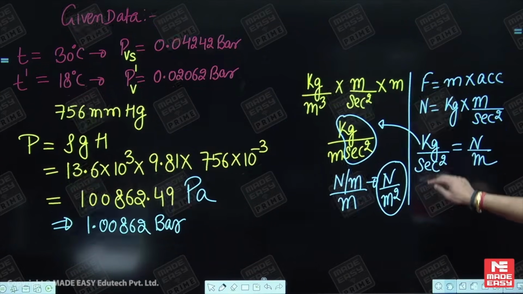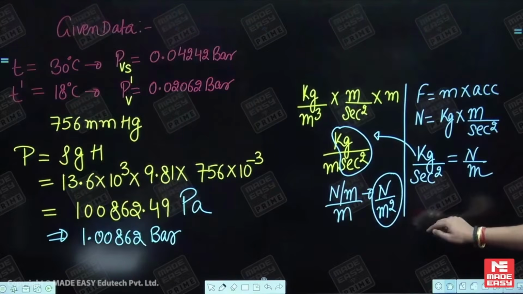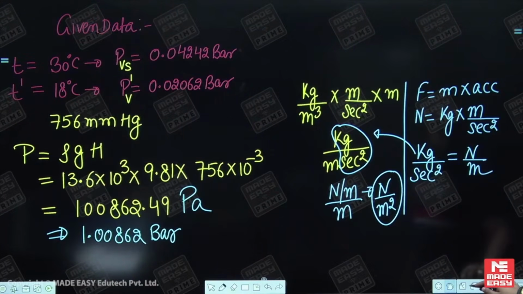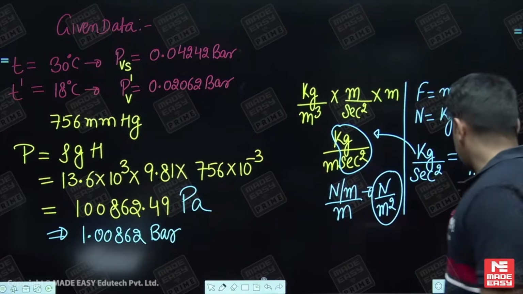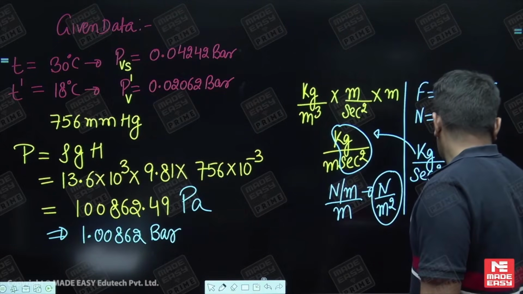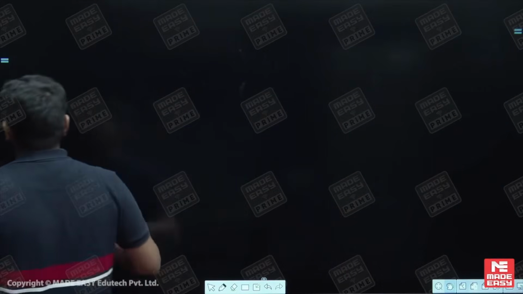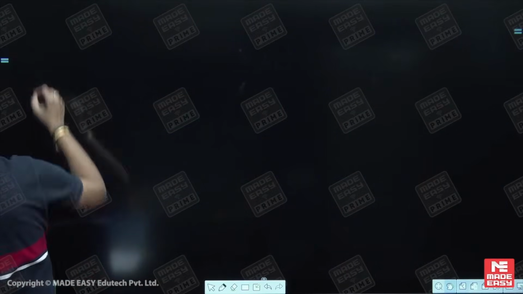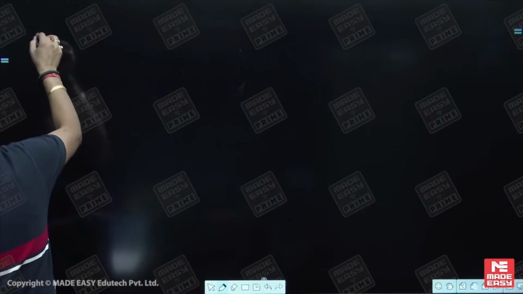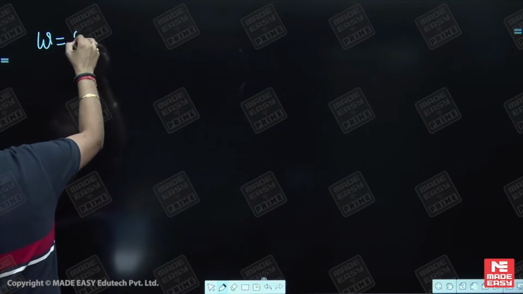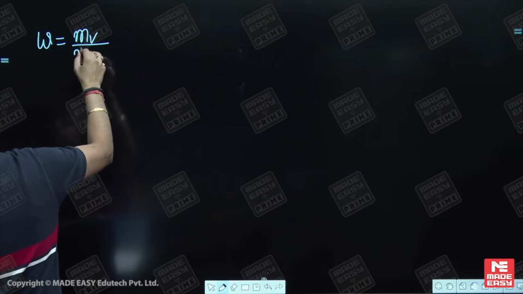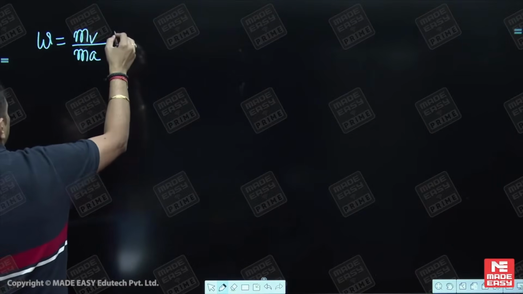First I want to discuss the different parameters, like your specific humidity. What do you mean by specific humidity? Specific humidity is defined as the ratio of mass of water vapor per kg of dry air.